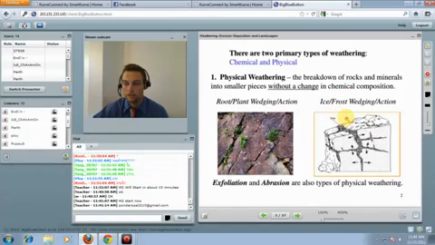In the summertime maybe water gets into these cracks in the rock and then freezes. And if you know from chemistry class or from somewhere, ice expands when it freezes. So the water that's trapped in these rocks expands and breaks these rocks into smaller pieces.